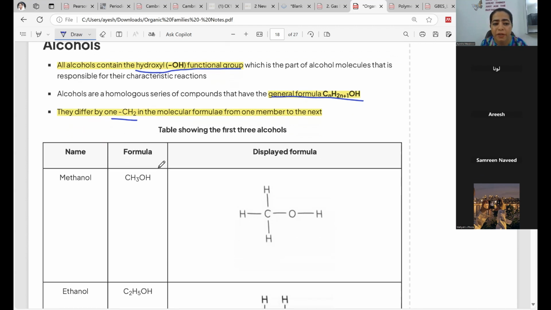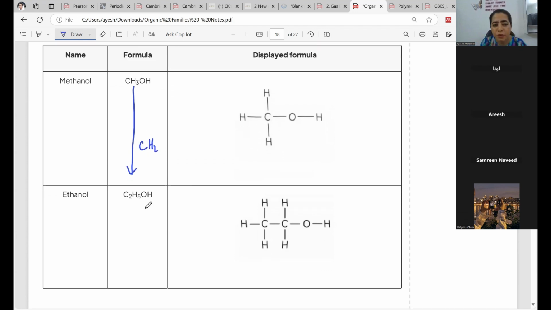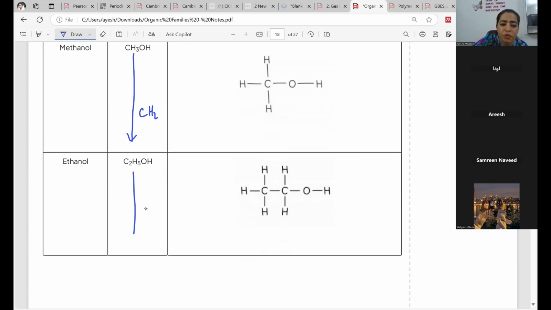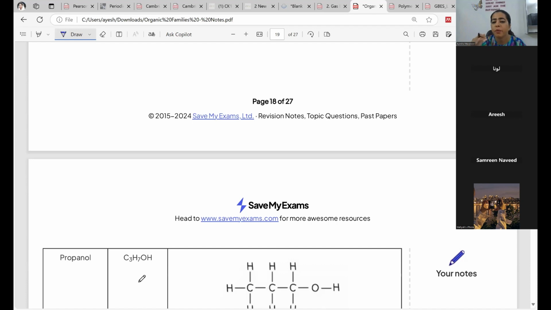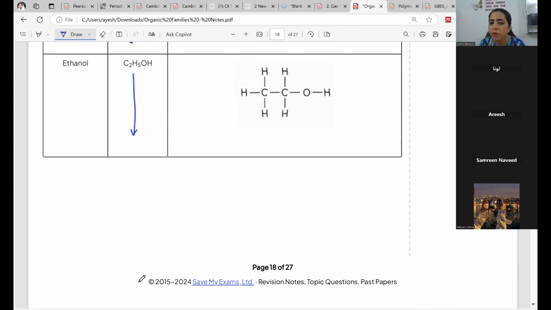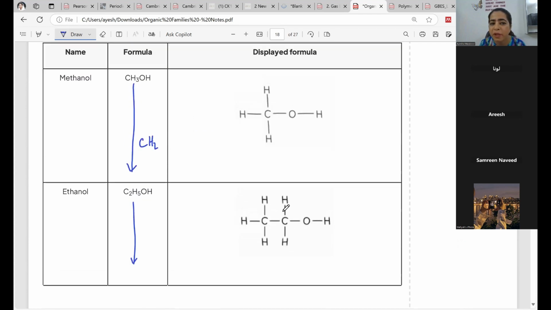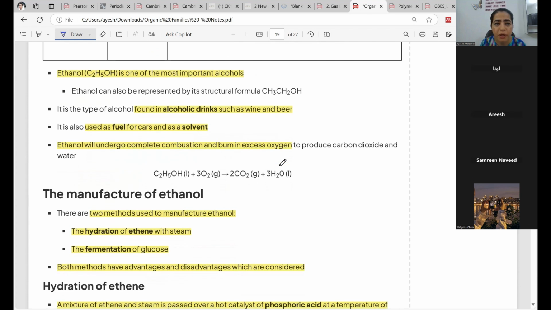It means if you write their formulas, each is different by CH2. You can add CH2 to the formula and it will become the next alcohol, then add one more CH2 for the next formula. And we can name them as well, and draw the displayed formula. These things are already done in previous topics. So now we are going to move toward alcohol uses, methods, and reactions.